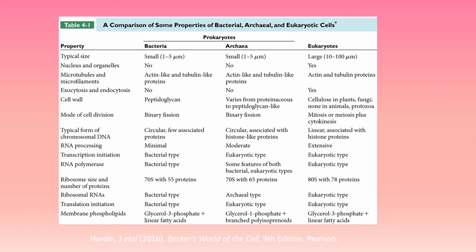Okay, so the criteria of the assignment of the unit is asking you to compare the ultrastructural features of a prokaryote and eukaryote. So it's very important that you're not just looking at the similarities, you're also looking at the differences too. Now a table like this from a really reliable textbook is perfect because it shows that you've researched the information.